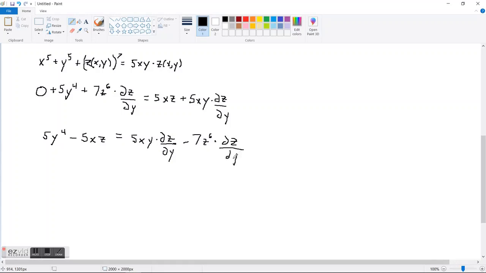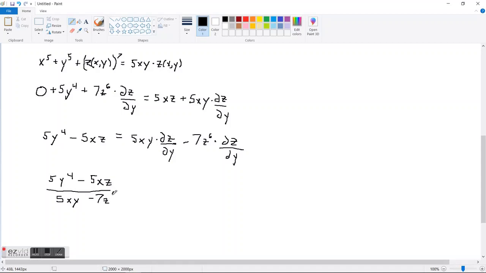I'll skip a step here and assume that we've factored out partial of z with respect to y, leaving as the other factor 5xy minus 7z to the sixth, and just divide both sides of the equation by the 5xy minus 7z to the sixth.